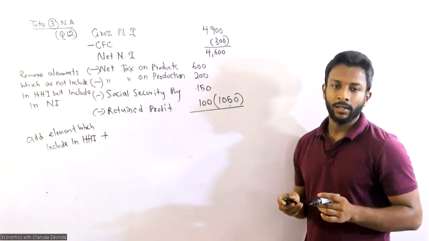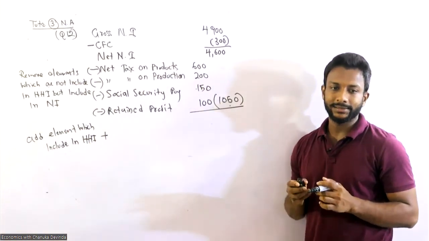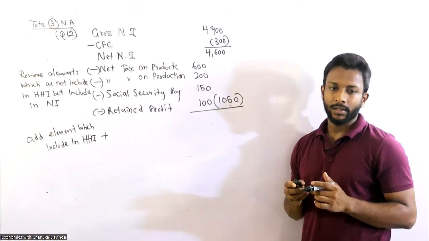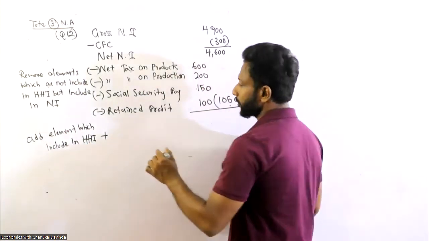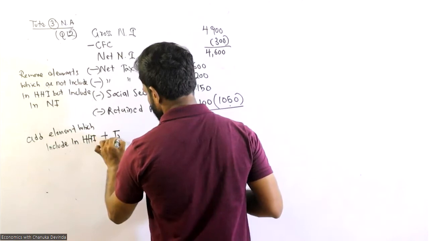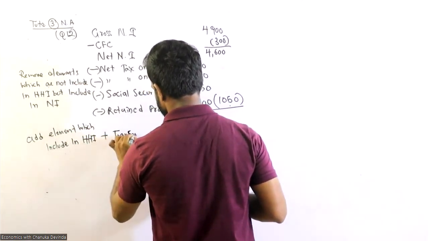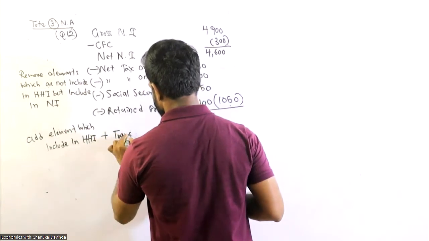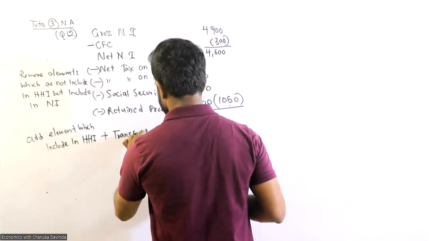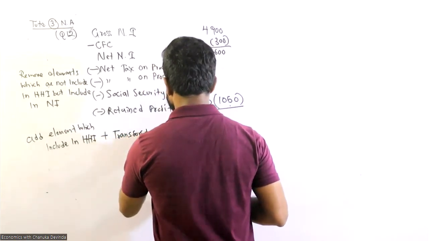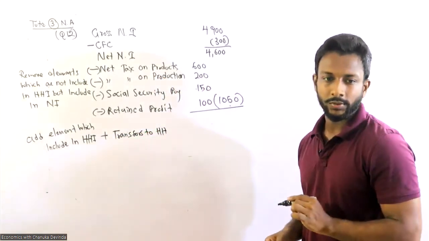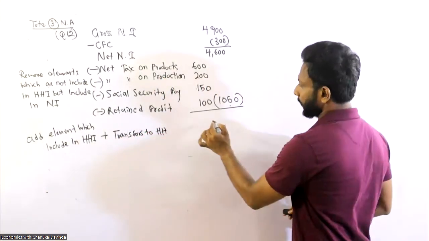There was government transfers to household. How much? 250.